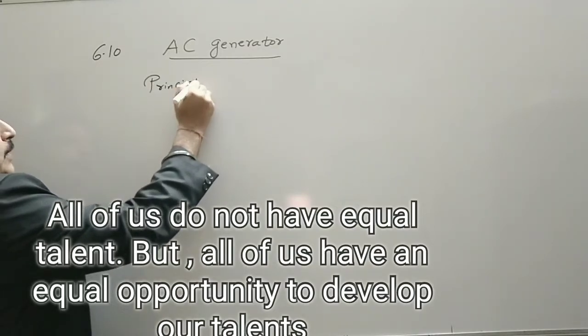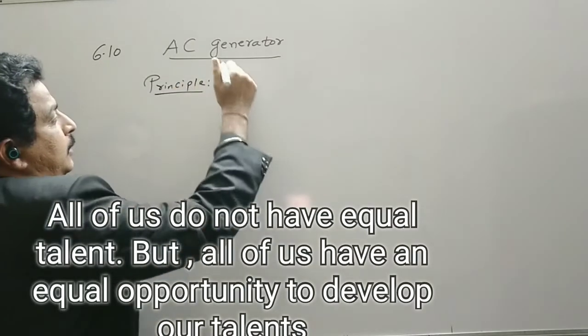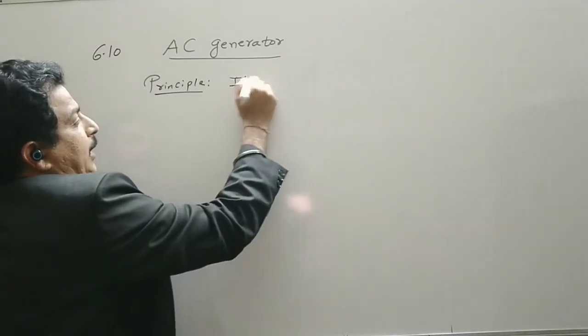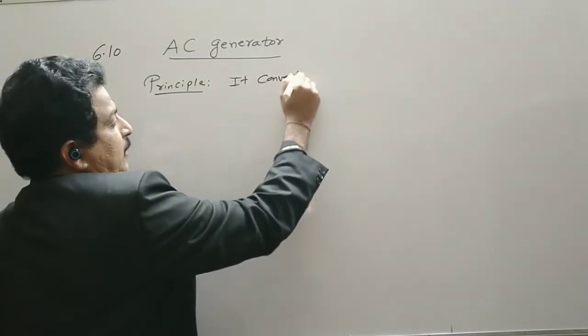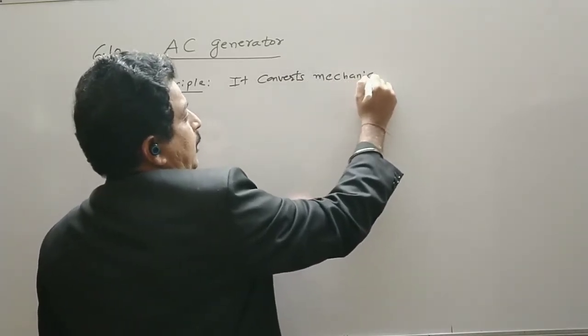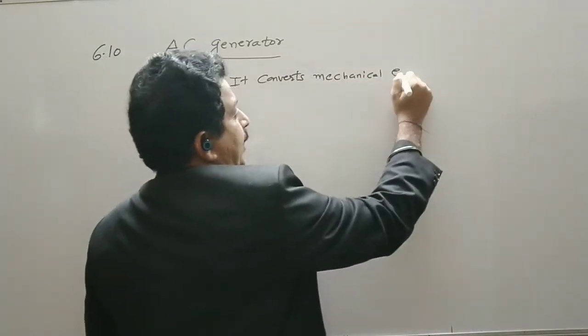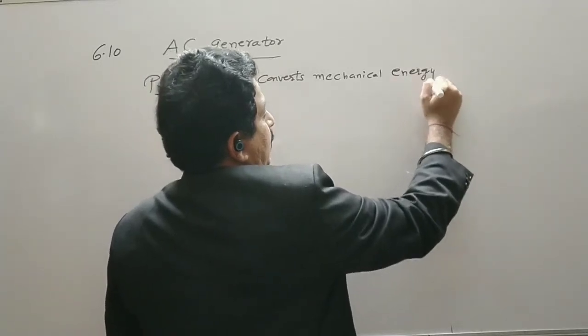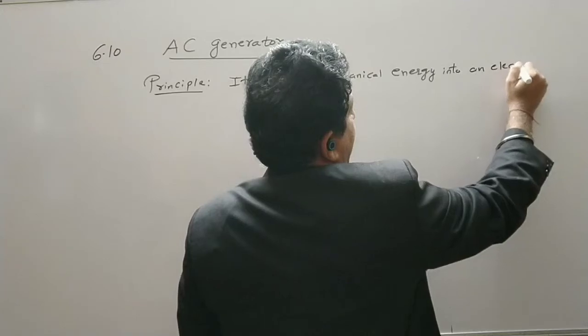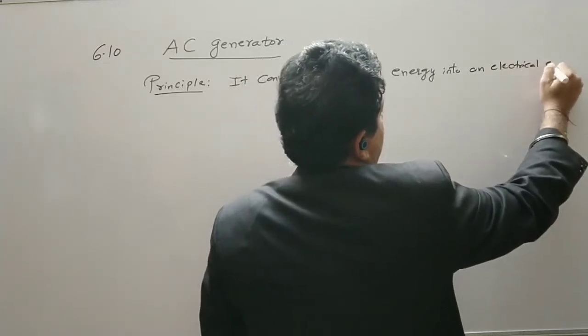So first we write the principle. AC generator principle is it converts mechanical energy into an electrical energy.